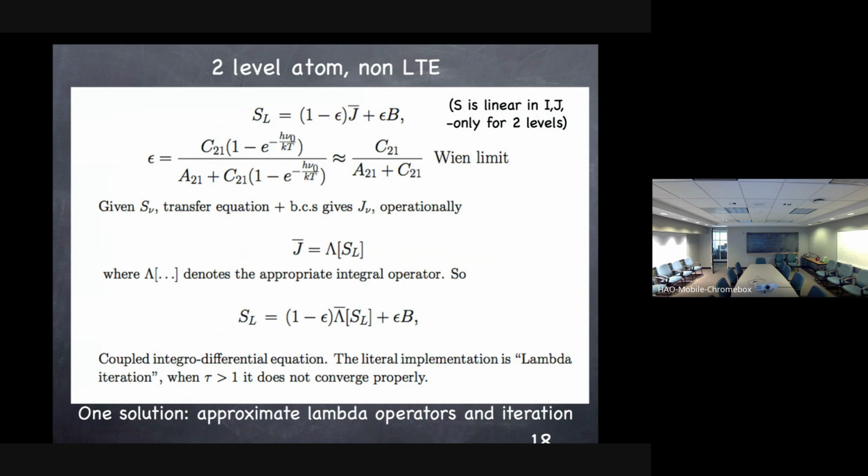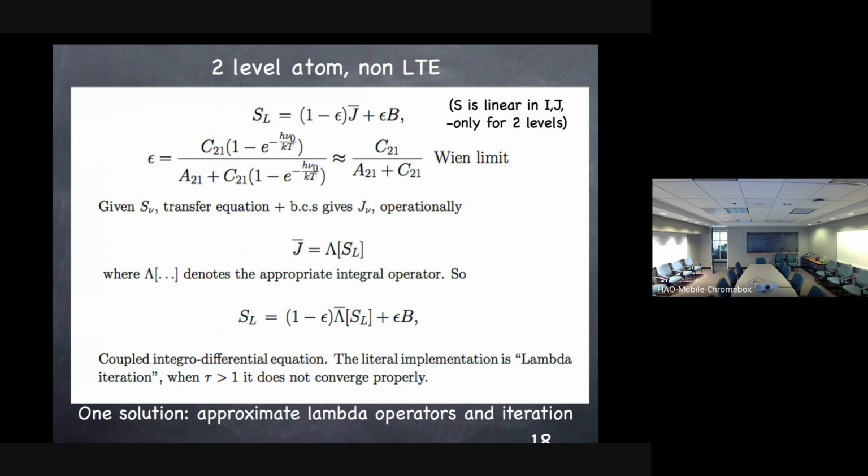Okay. Now, this is the number that is going to turn out to be relatively small for strong lines. Look at the case of A greater than C, then this is just basically C over A. That's the fraction of time that the collision occurs. That's very small.